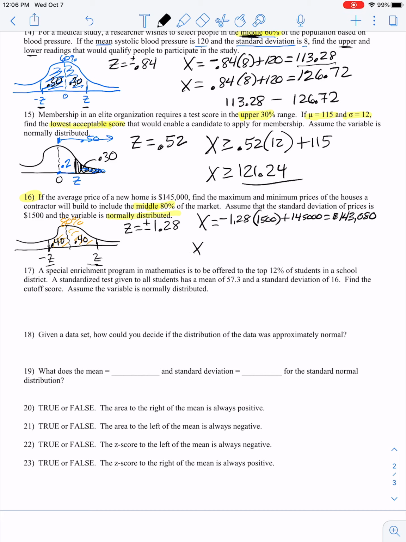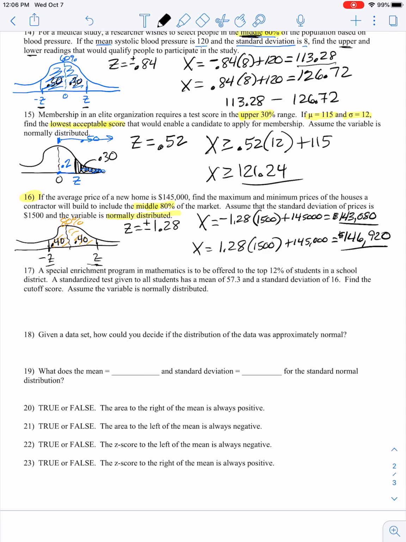Then using the positive Z, 1.28 times 1500 plus your 145,000, upper price range 146,920. Okay, so there's your min and your max values.